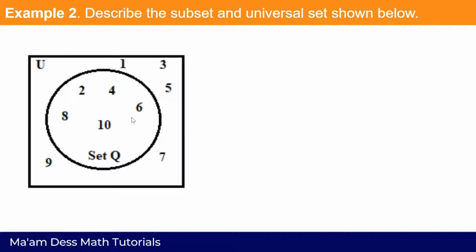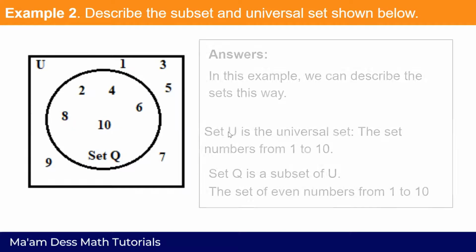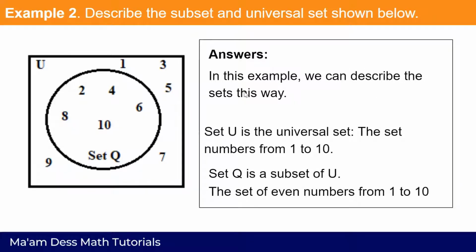How about this one? Okay. U here is the universal set. So we have set Q. Set Q, all the elements in set Q are inside the circle, but all the elements here are contained under the universal set. Okay, so in this example, we can describe the sets this way.